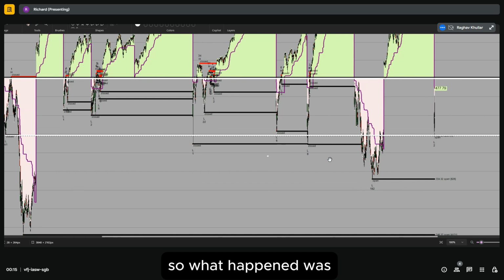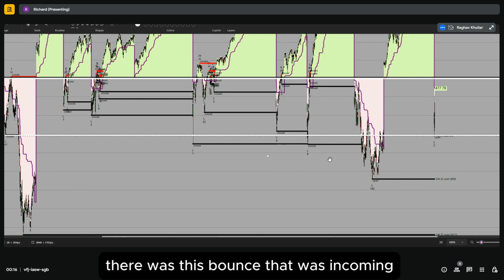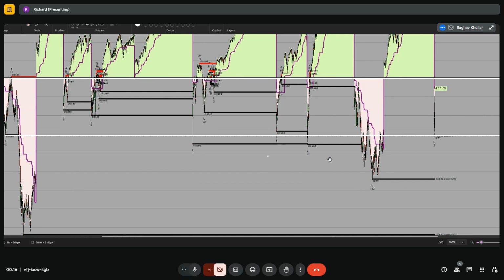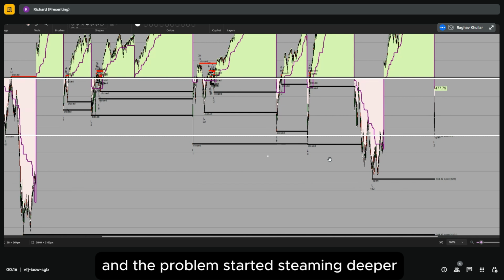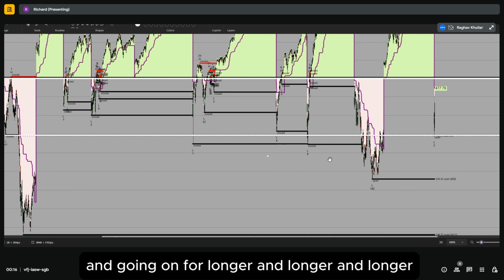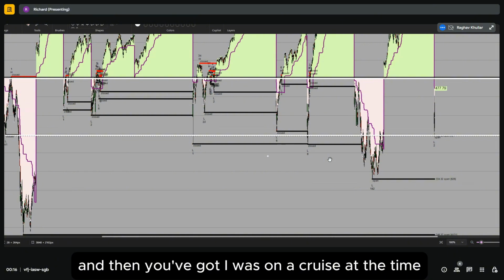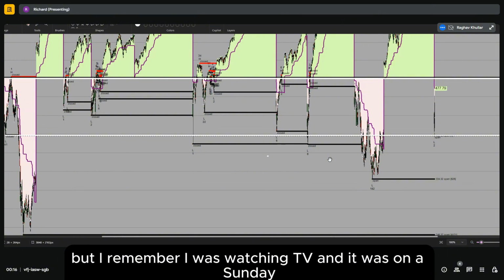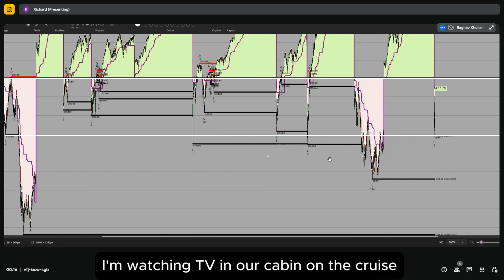So what happened was there was this bounce incoming, and the problem started seeming deeper and deeper and going on for longer and longer. I was on a cruise at the time, but I remember I was watching TV on a Sunday, and I remember this vividly. I'm watching TV in our cabin on the cruise.